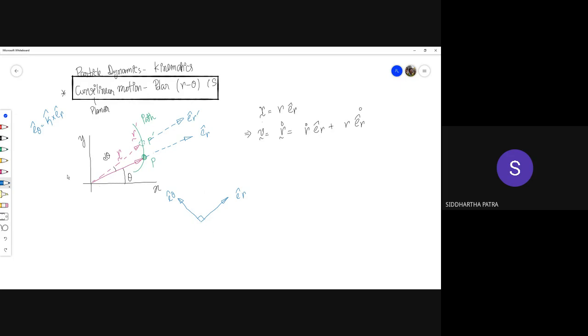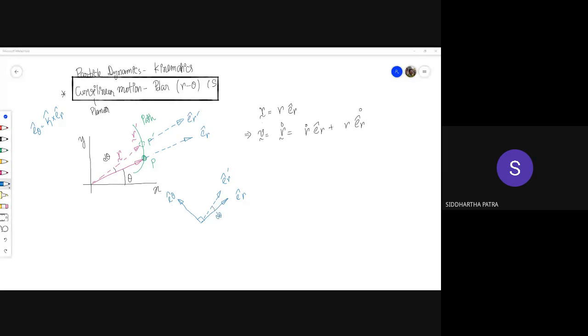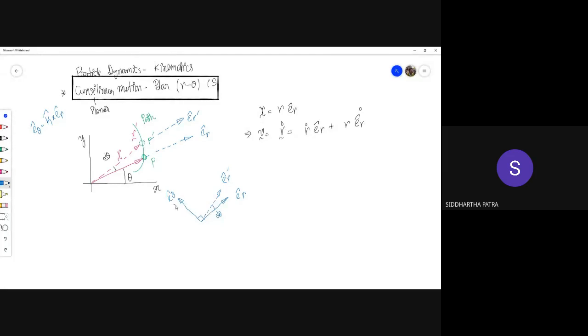Let's say at P prime, this is your er prime, at an angle of d theta, and similarly you have e theta prime making an angle of 90 degrees with er prime.